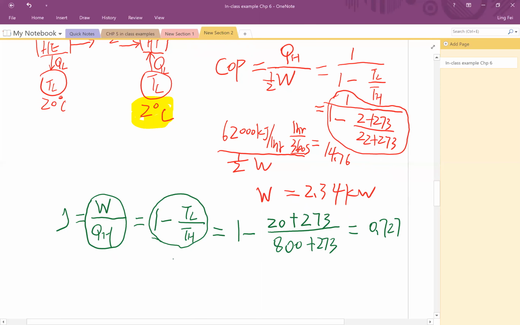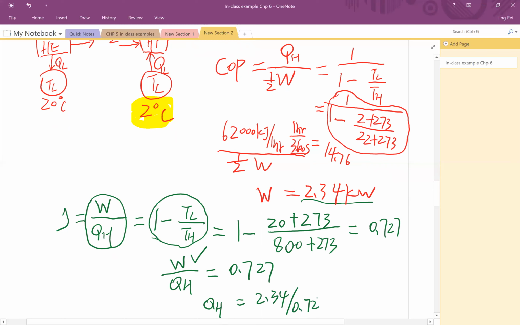So now your work divided by QH equals 0.727. We already know the work equals 2.34. So your QH will equal 2.34 divided by 0.727, which gives you 3.22 kilowatts. Yeah, that's this question.